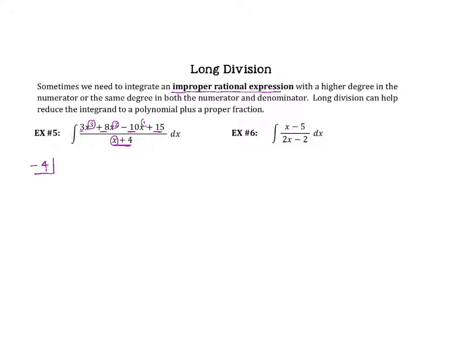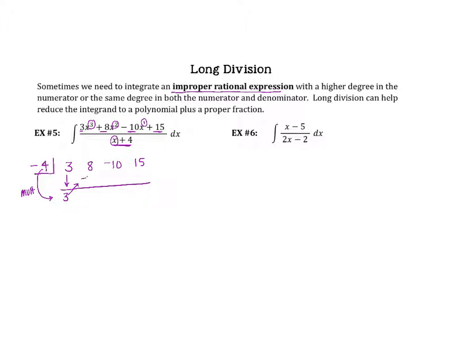And if any one of them's missing, then we need to incorporate a 0. So for this one, we have 3, 8, negative 10, and 15. And with our synthetic division, we're always going to drop down our 3. And then from here to here, you always multiply. And so if we multiply, that's going to give us negative 12.